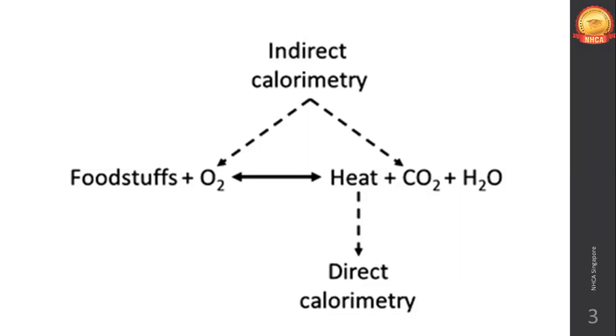All this information will be found using indirect calorimetry. Direct calorimetry will just give you the basic outline that this food is producing this much amount of heat within your body.